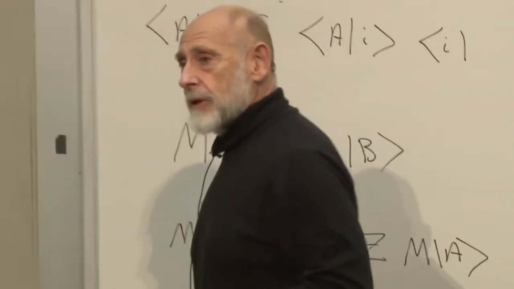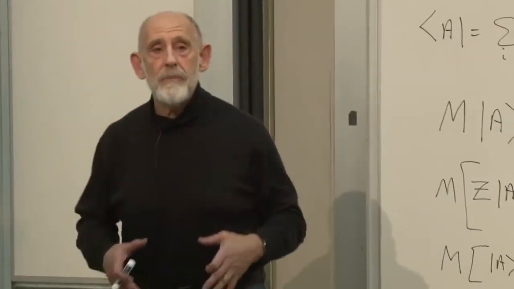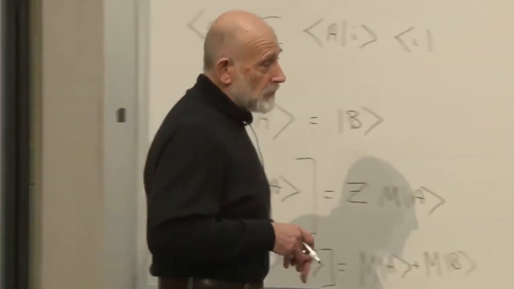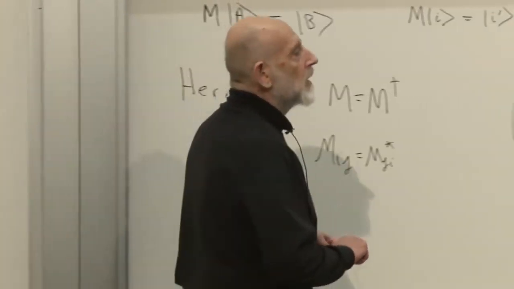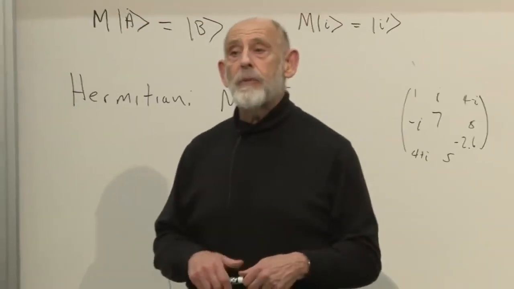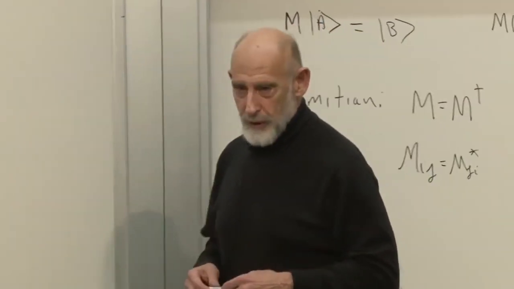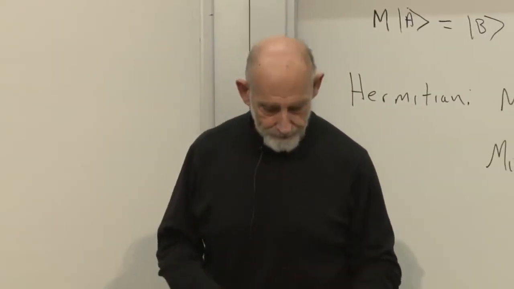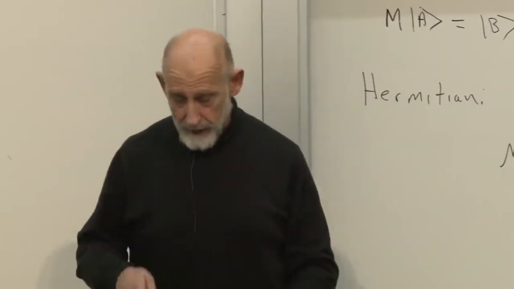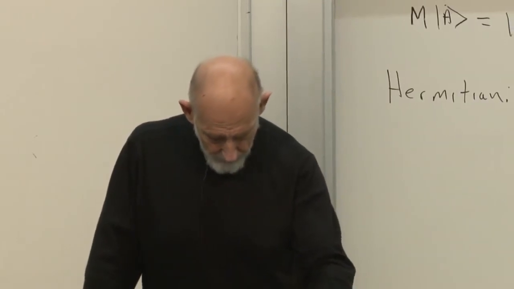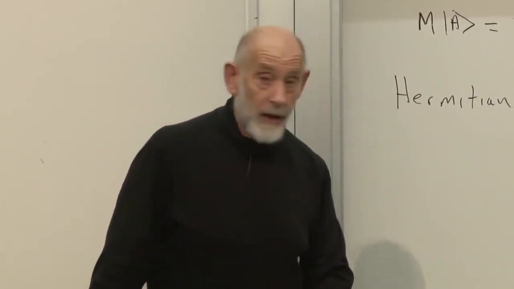Hermitian matrices have enormous importance in quantum mechanics. They represent the observable quantities, the measurable quantities, the things that you can measure. We're going to come to that, and we're going to do a bit of that, especially for the single spin, I hope tonight.